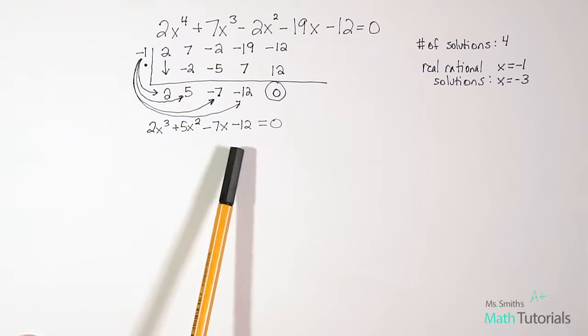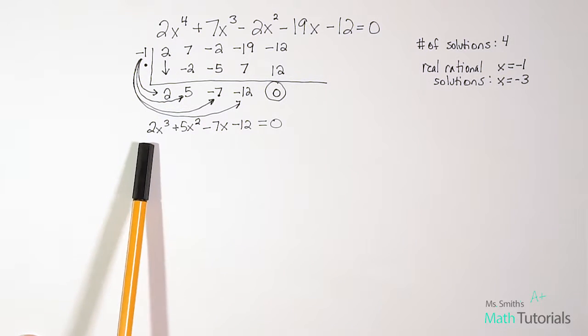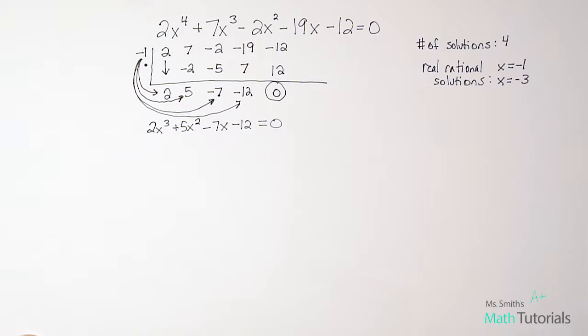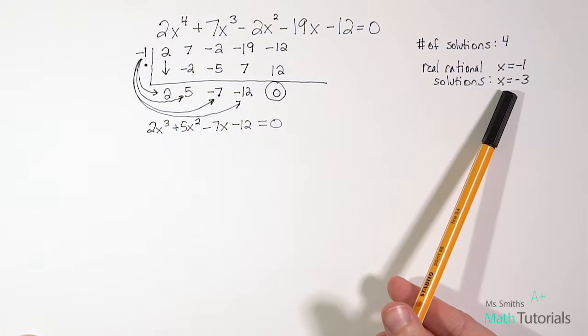However, notice we can't use the quadratic formula. This is a cubic and it is a 4-term problem, so 2 different reasons why we cannot use the quadratic formula. So we need to use this synthetic division process one more time so that we can get this down to a quadratic. And I'm going to do it using my other real rational solution of -3.